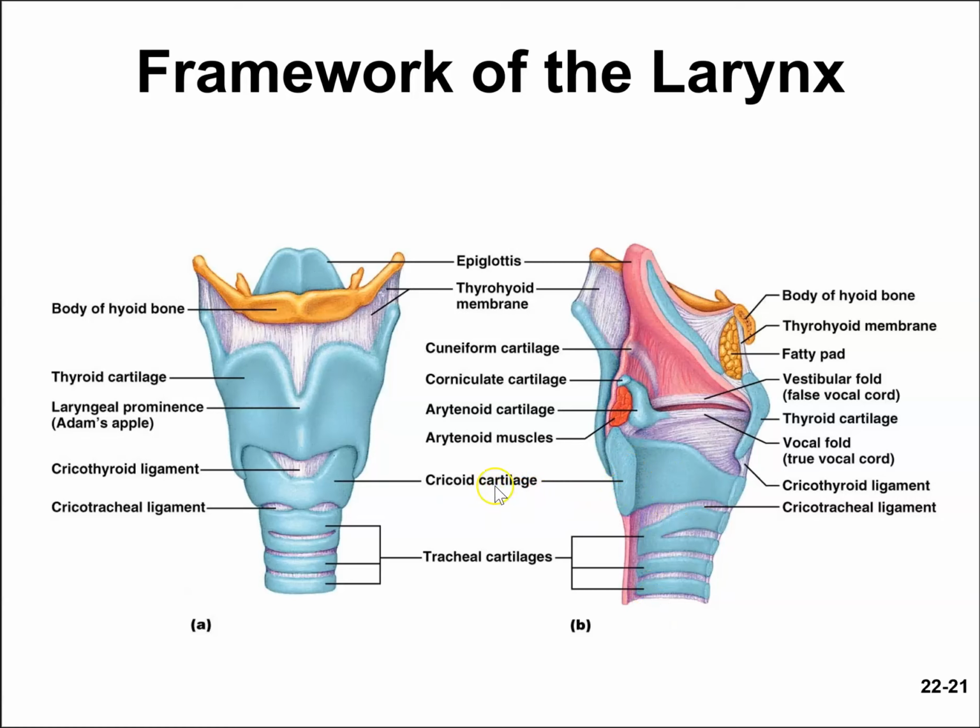The cricoid cartilage forms a complete ring structure at the top of the trachea. The other tracheal cartilages only form C-ring structures, so they are not a complete circle, unlike the cricoid cartilage. So this cartilage forms a complete ring around the first ring of the trachea.